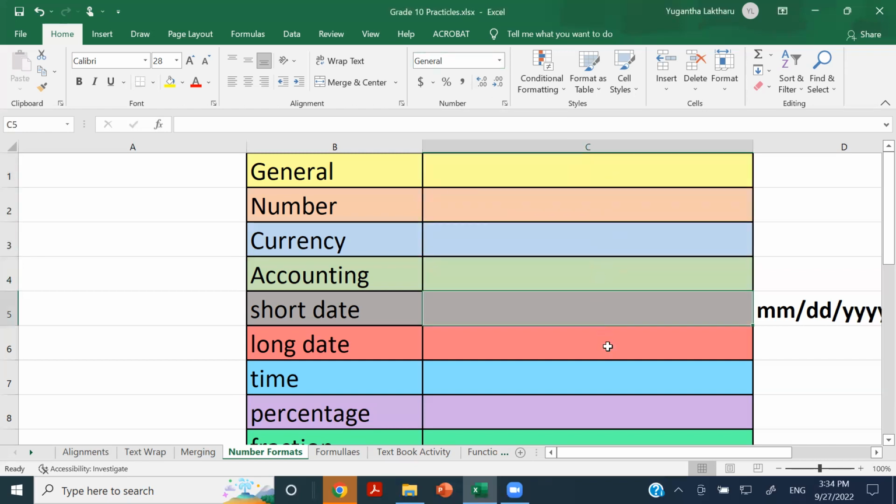When it contains the General number format, if I enter a particular value, it is right aligned.